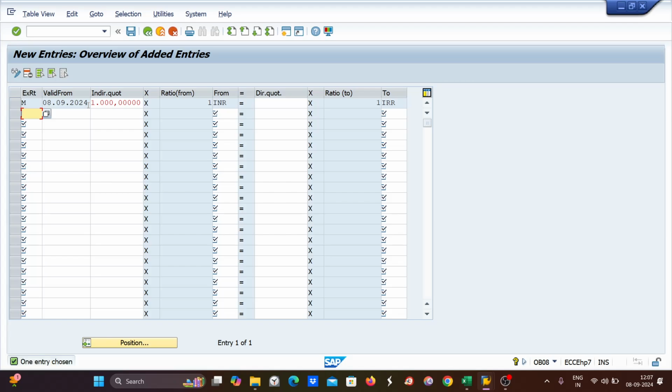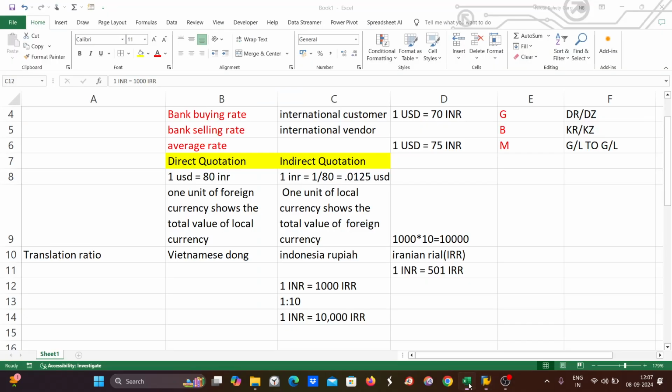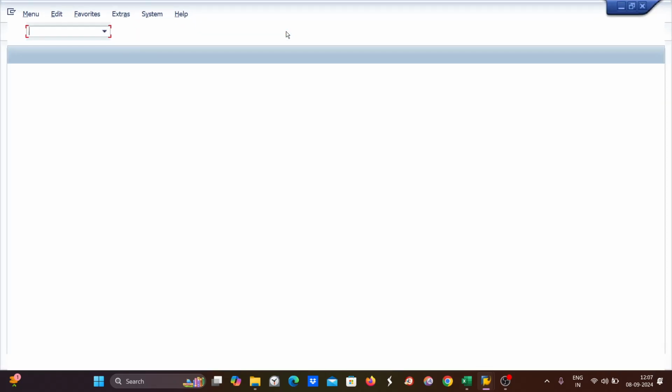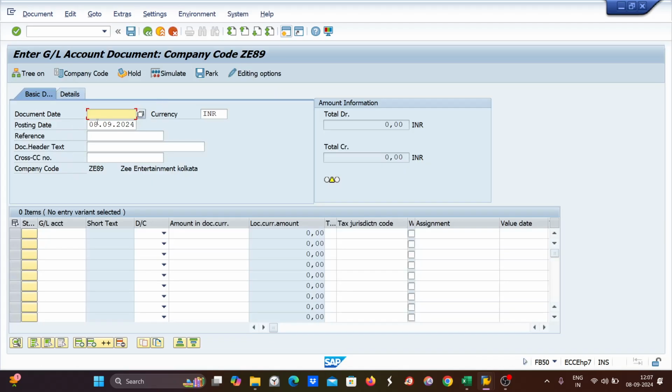Now see how SAP will trigger once we post the transaction. Okay, chalo. This we know that 1 INR equals 10,000 IRR. Now I will just take a hypothetical situation. First let's do the GL posting, FB50. Okay, we will take today's date.